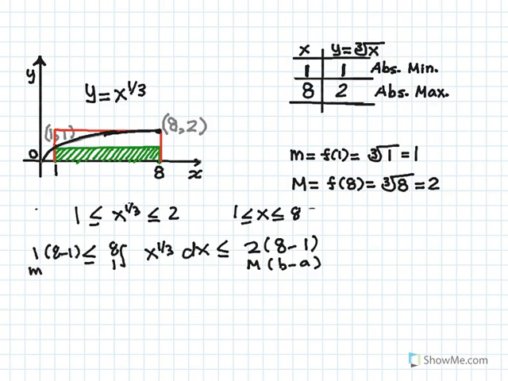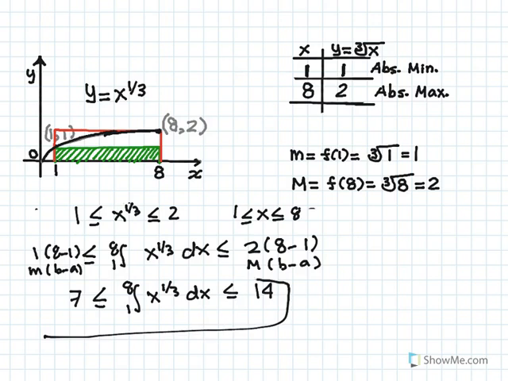This is small m times b minus a. So the integral from 1 to 8 of x to the 1/3 dx can be estimated to be less than or equal to 2 times 7, that's 14, and larger or equal to 1 times 7, that's 7. So this is the estimation for this definite integral. It's between 7 and 14.